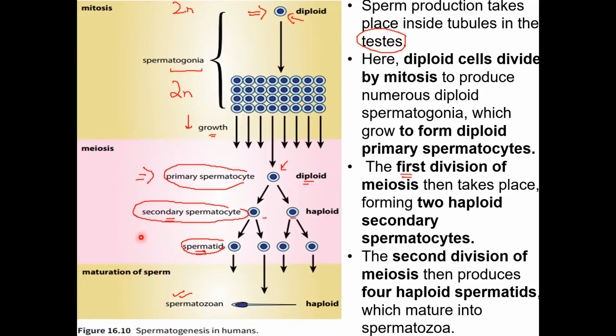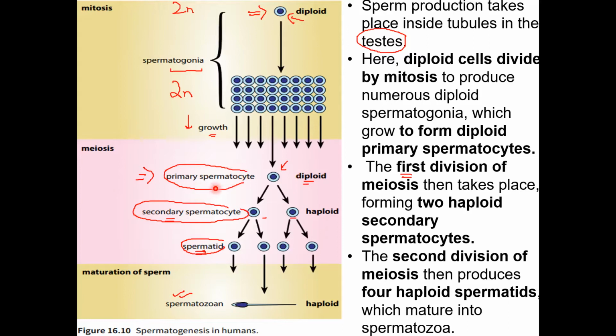Okay, so let me just repeat it one more time. Again, the parent cell is diploid, 2N. Sperm cell production takes place in the testes. First they will undergo mitosis, so the number will increase, right? They will be known as spermatogonia. Then they will grow and mature into a primary spermatocyte. The primary spermatocyte is still in the diploid state, 2N.